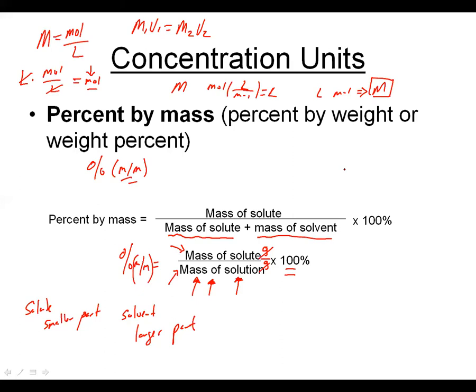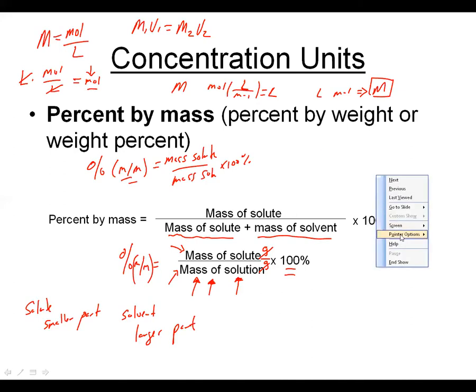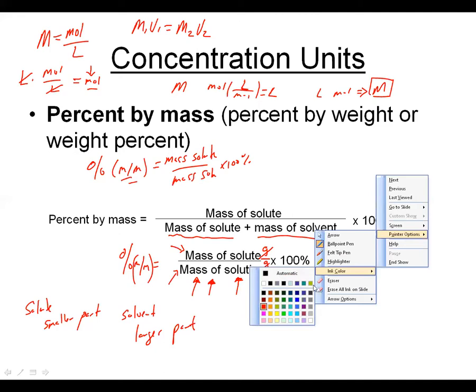Now, percent mass to mass is, like we see down there, the mass of the solute over the mass of the solution times 100%. There are also some other percent concentrations. I've got a little bit of room here, so we'll write them in.